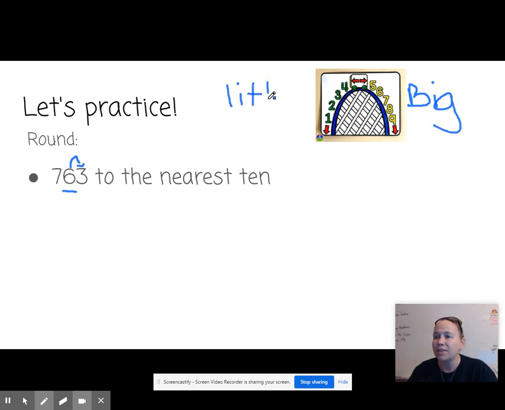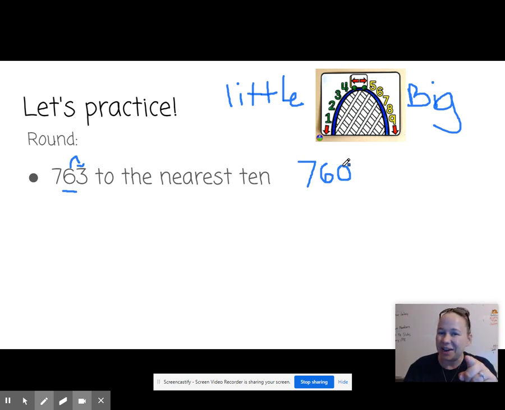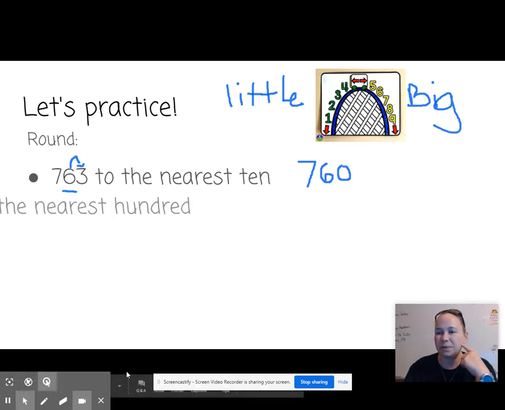Little number on this side. 3 is a little number. It's on this side. So 0 to 4, we're going to stay. That means the 7 and the 6 is going to stay, and everything else becomes a 0. So think about that number line. 763, was it closer to 760, or is it closer to 770? You're seeing it now, right? Yeah, it's closer to 760. Great. Let's look at the next one.